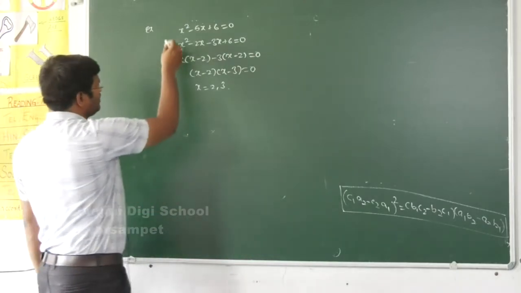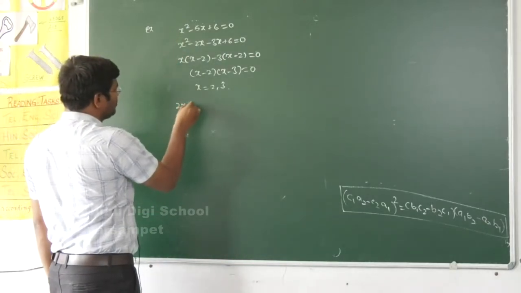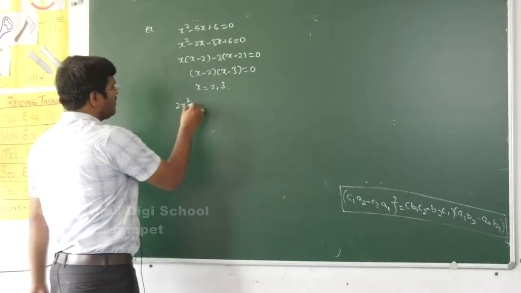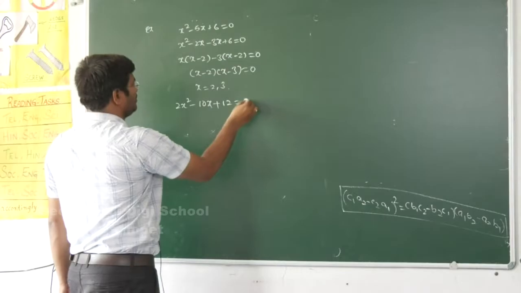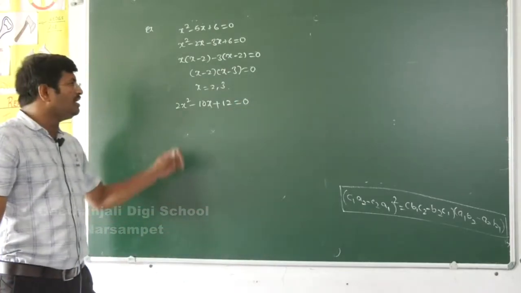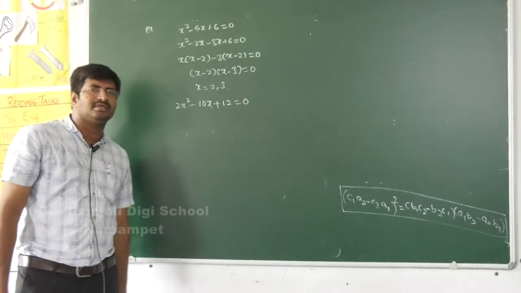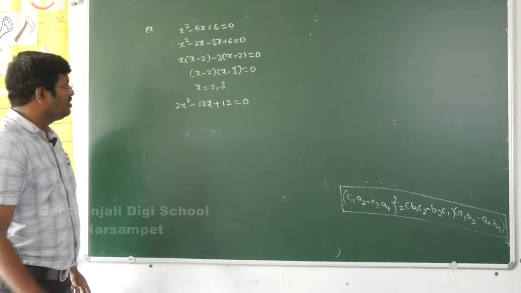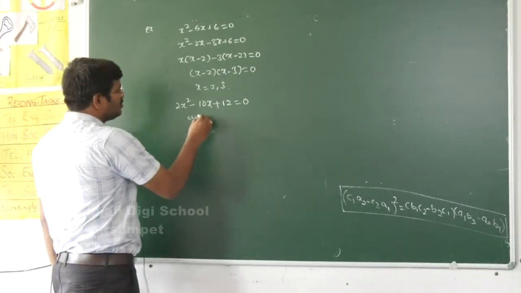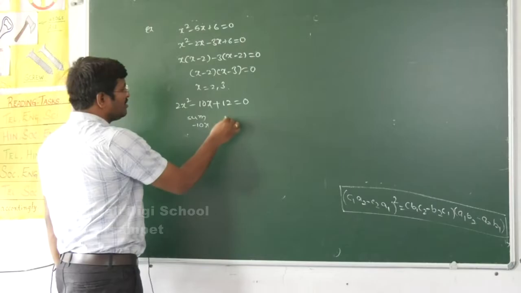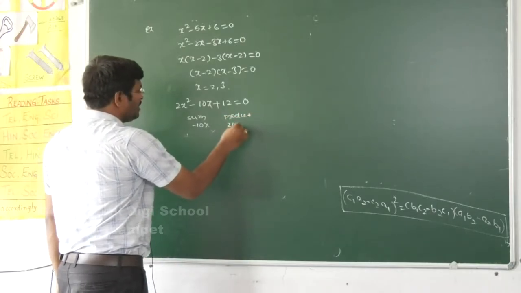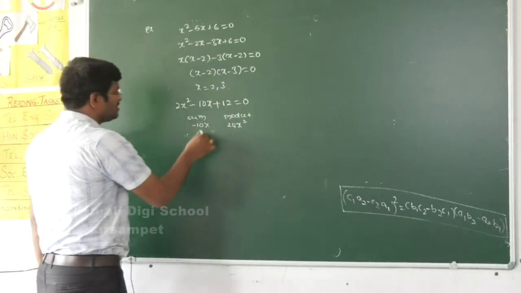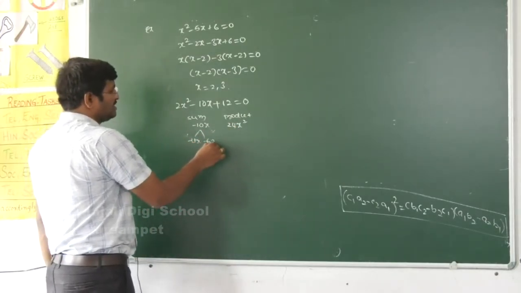Now for another example, I am multiplying the same equation by 2: 2x square minus 10x plus 12 is equal to 0. Here, the sum should be minus 10x and the product should be 24x square. So you can write minus 4x minus 6x.